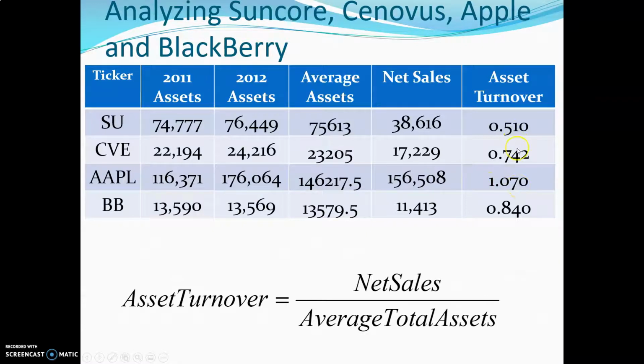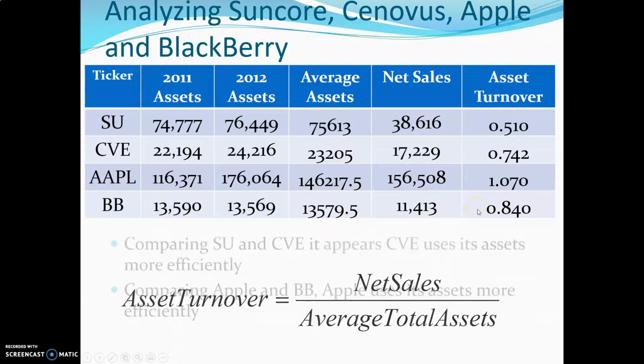It wouldn't be very good to compare these two. They're different assets with different focuses. BlackBerry, on the other hand, is in the same industry, and so it can be useful to compare. This says 0.84. So what it does show you is that Apple has a much more efficient use of its assets versus BlackBerry.